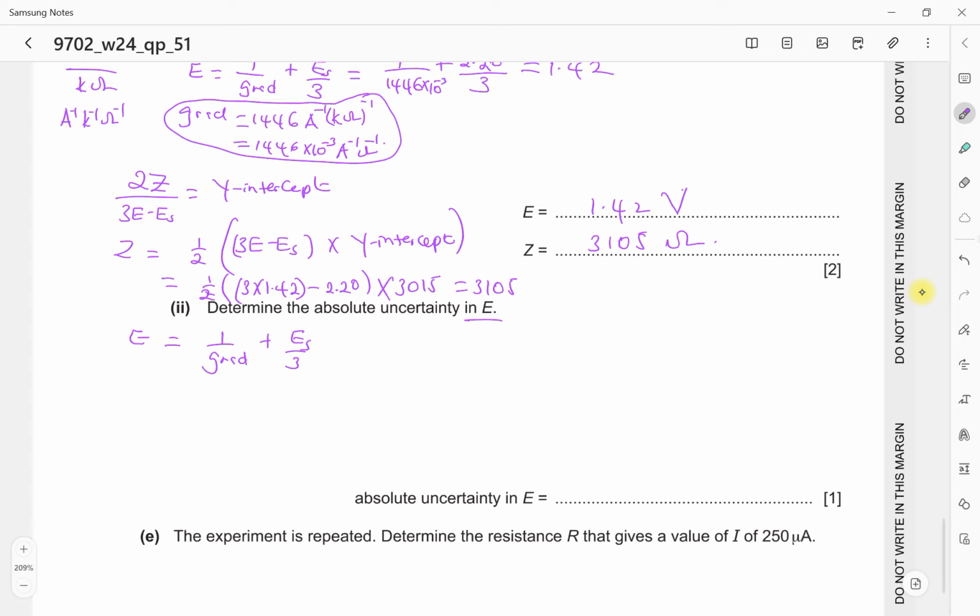So using fractional uncertainties, the fractional uncertainty in E divided by E is going to be, for this one, the fractional in the gradient divided by the gradient.